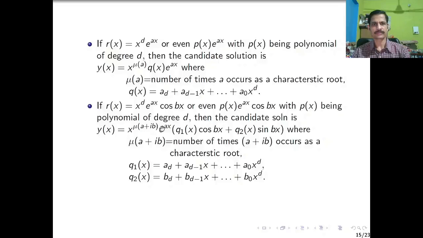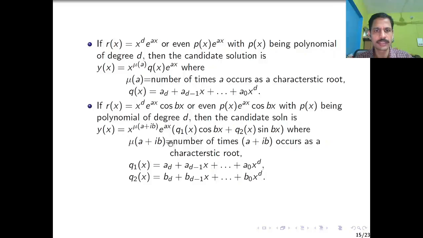So whenever such thing happens, we multiply by x raised to the multiplicity of the complex root of the characteristic polynomial. In our question, 2i has multiplicity 1. And in our case, the independent variable is t. So t raised to 1 should get multiplied to a cos 2t plus b sin 2t.